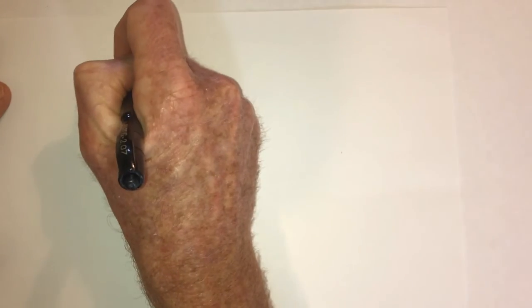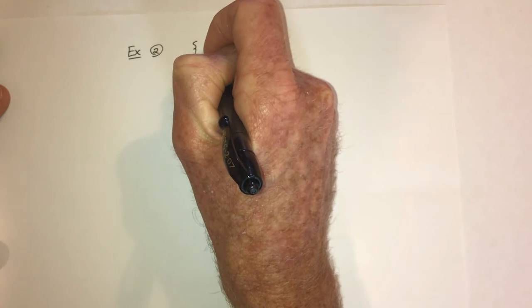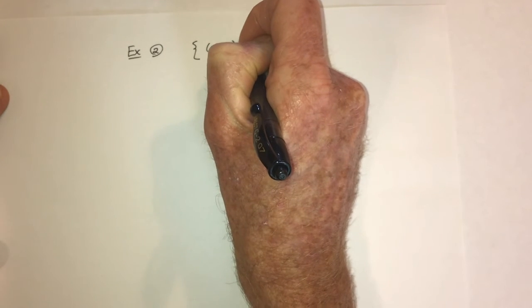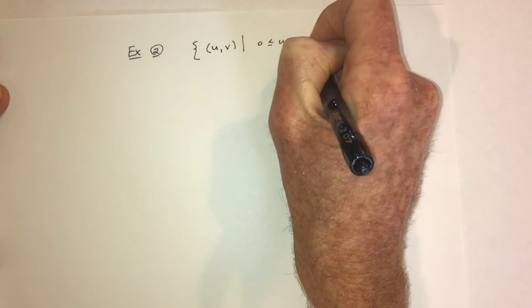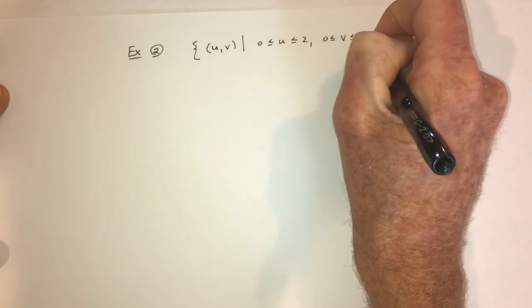Now for the next example, we're just going to do the limits part. So for example number 2, let's say that the region is u and v, so that u is between 0 and 2, v is between 0 and 1.